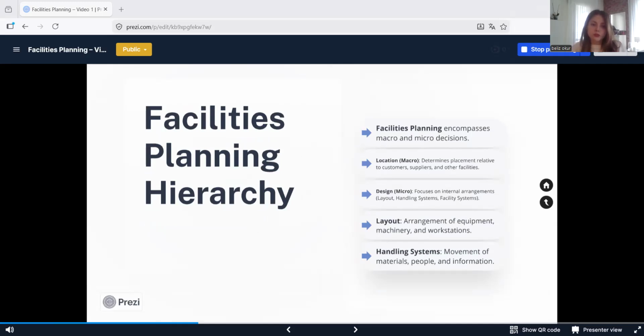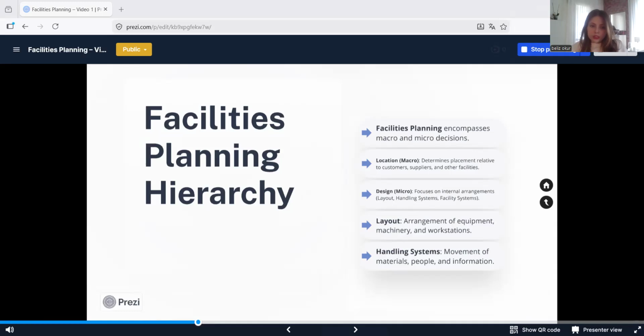Then we zoom into the micro decision, which is the design. Inside the building, we look at the layout. Where exactly do we arrange equipment, machinery, and workstations? And finally, we design the handling system. How our materials, people, and information actually move between these workstations.